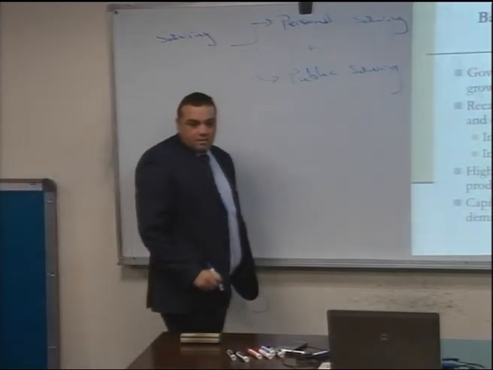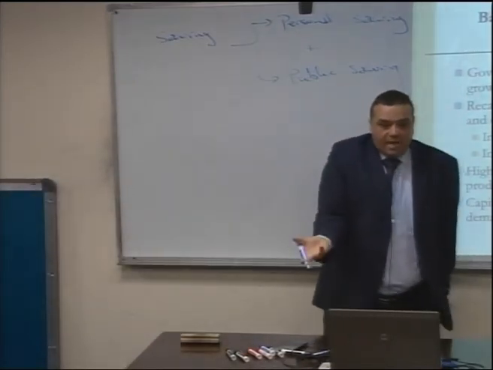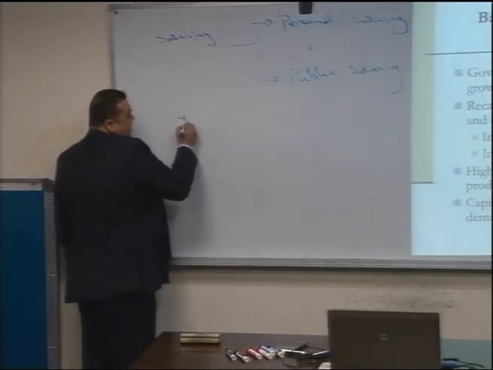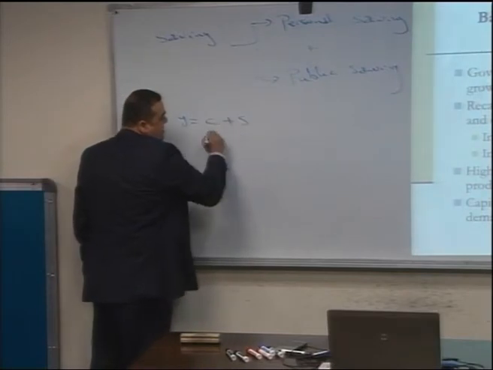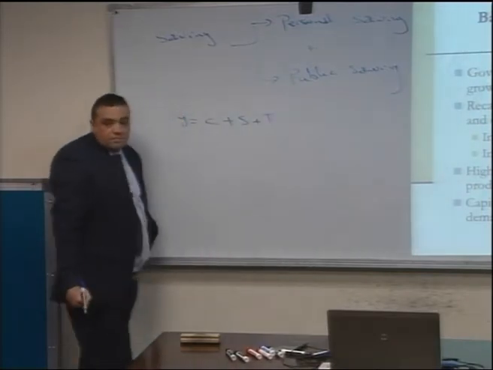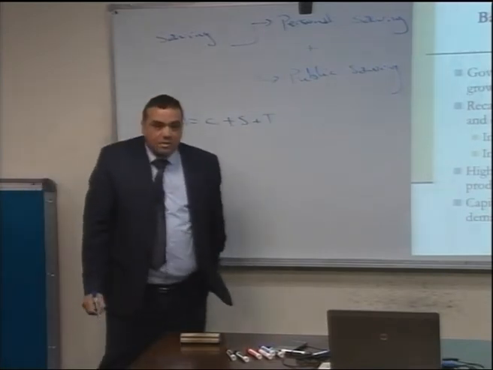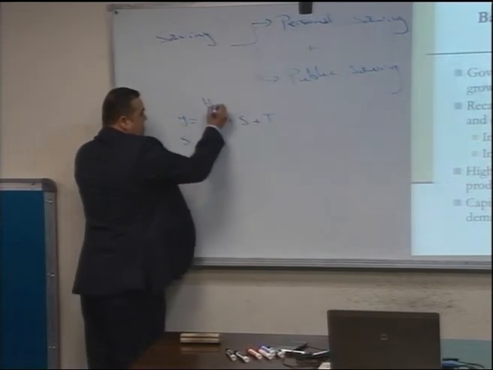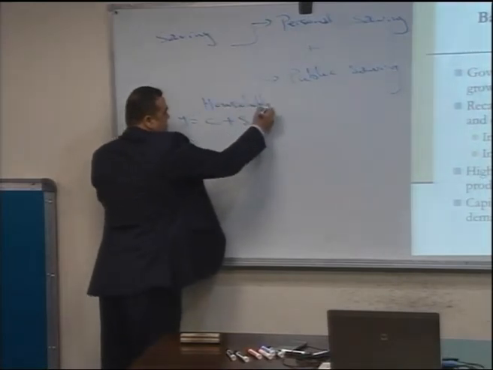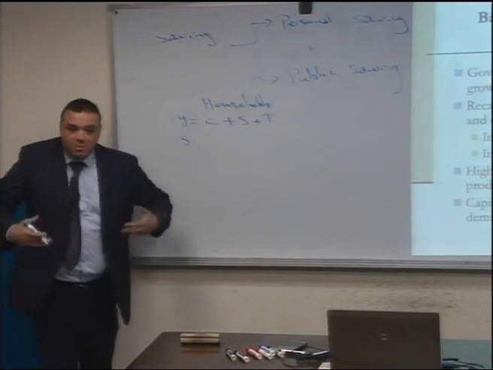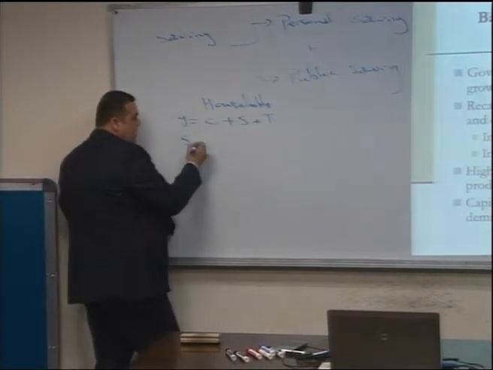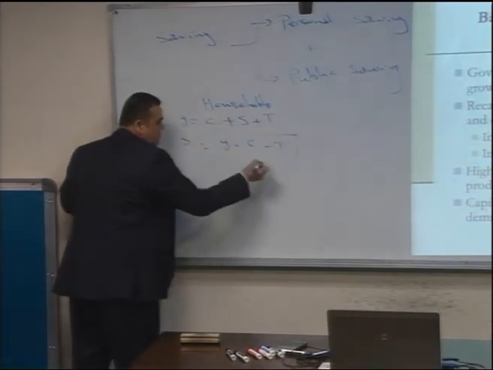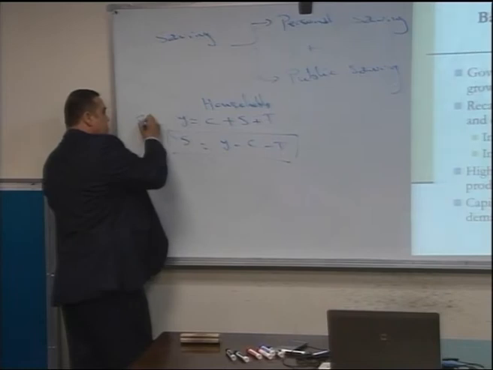Personal saving is your income as a household. The households' income equals C plus S plus taxes. Alright? So how much will your saving be? This is the household, the personal. To get personal saving: saving equals Y minus C minus T. This is the personal saving.